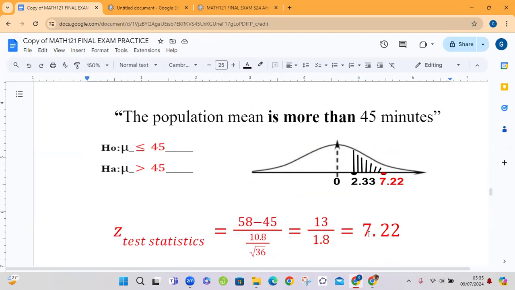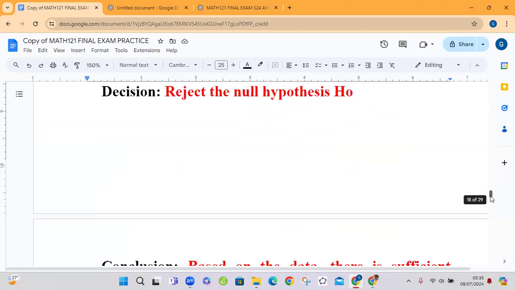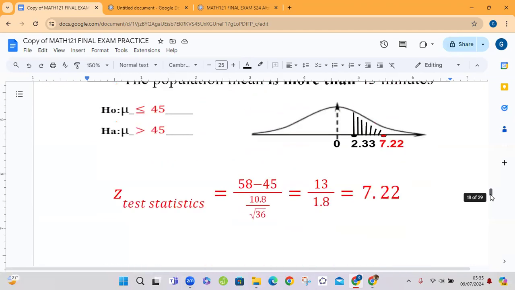Now, the test statistic has to be plotted on the distribution curve relative to the critical point, the critical value. 7 is greater than 2, so 7.22 is further to the right. And as you can see, the test statistic landed in the rejection region. So because of this, we've got to reject the null hypothesis.